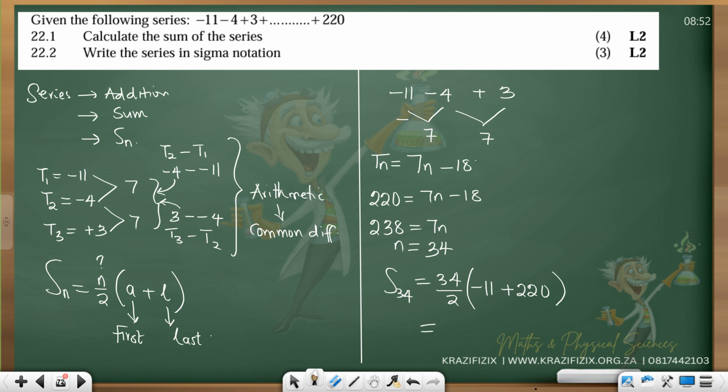Somebody kind enough to use a calculator, please give me an answer. Step by step, maths is doable. 3,553.